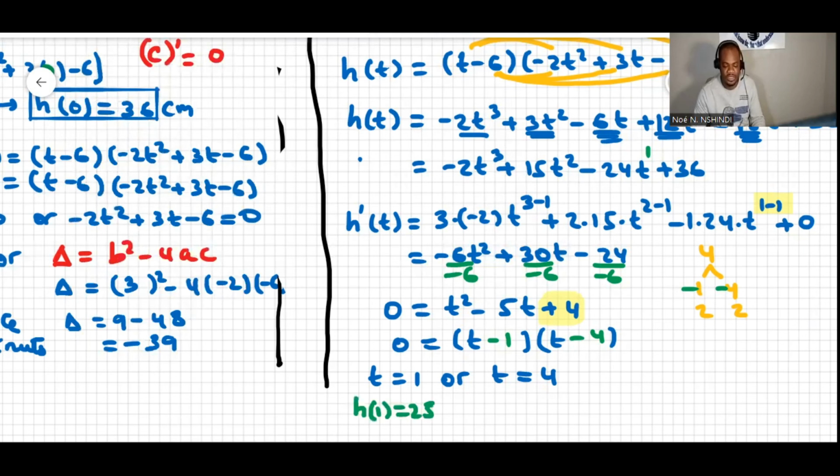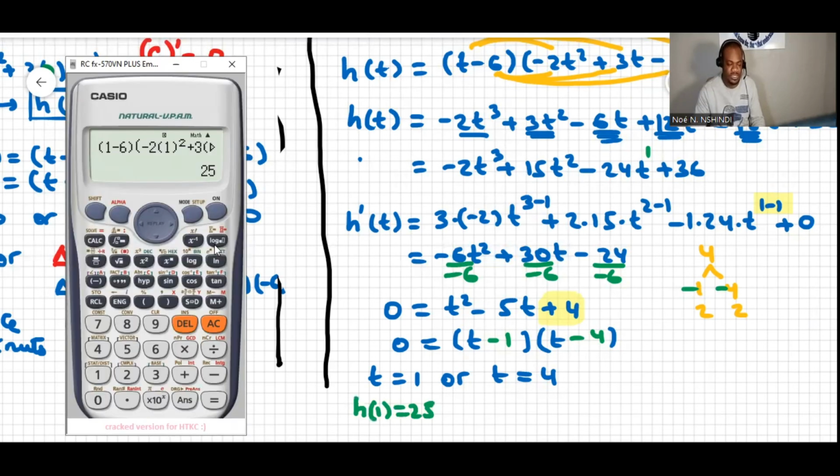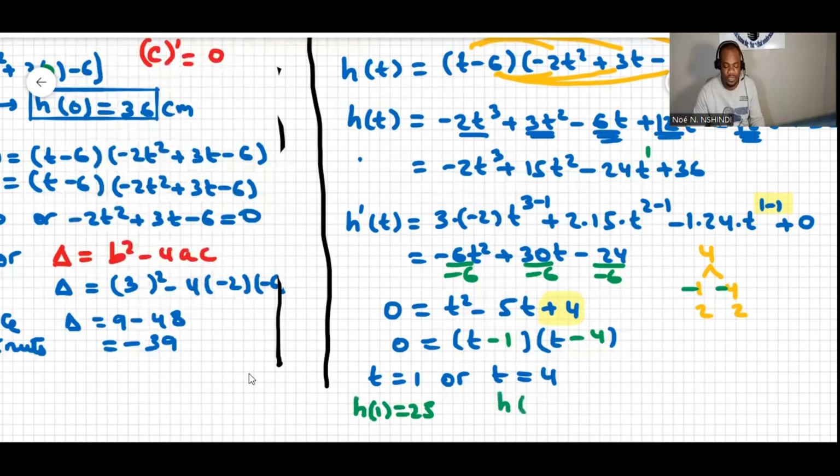Now obviously the other one will be lesser, but let's double check. So now if t is equal to 4, I sub 4 instead of 1, and when we hit equal, over here when t is equal to 4, then h of 4 is equal to 52.